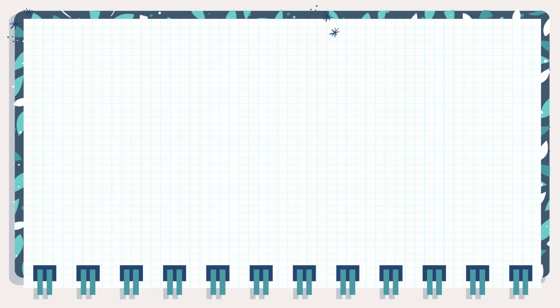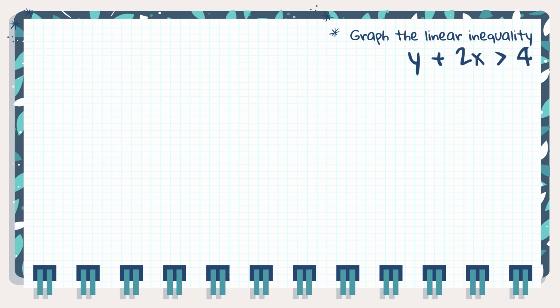This time, let us graph the linear inequality y plus 2x is greater than 4. Again, we have y plus 2x is greater than 4. For us to graph this, we are going to change our greater than symbol into an equation. Let us have x is equal to 0.